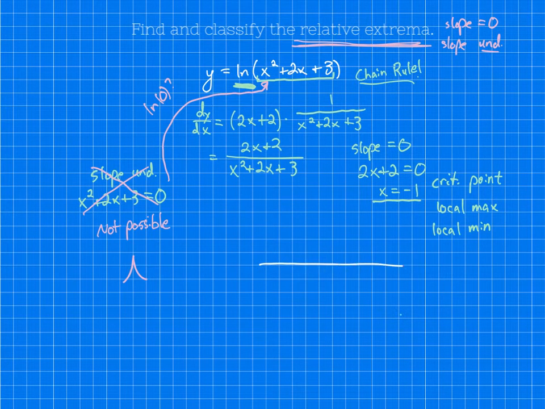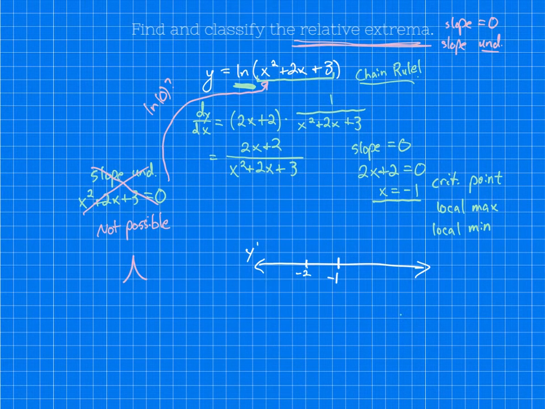So I'm going to make a little number line here. And I'm going to call this number line y prime because I'm investigating the derivative to see what this critical point is. Is it a local max or is it a local min? And I'm going to plot -1 on here. And let's just see what y prime does before and after this. So we want to plug a number before -1 into my derivative.